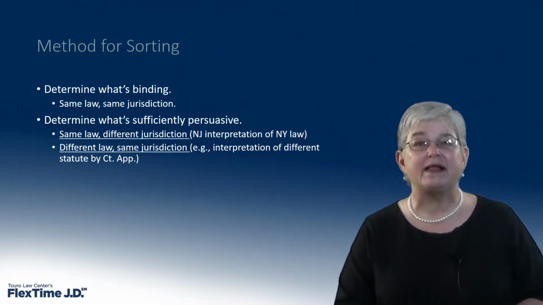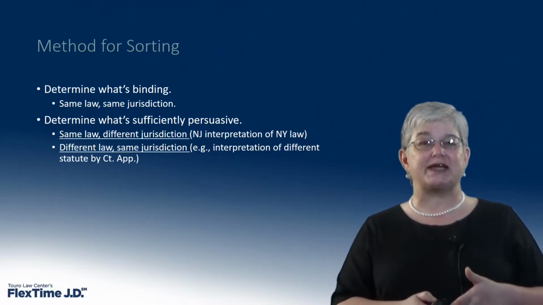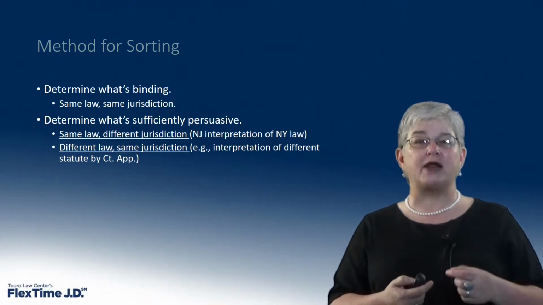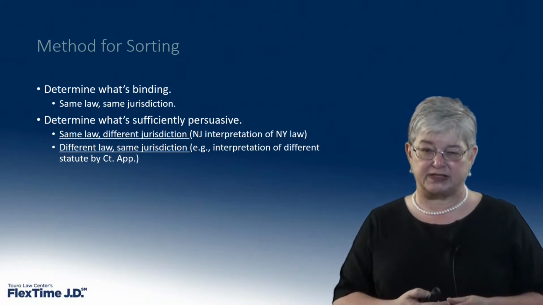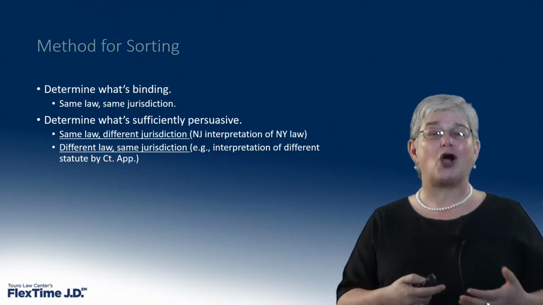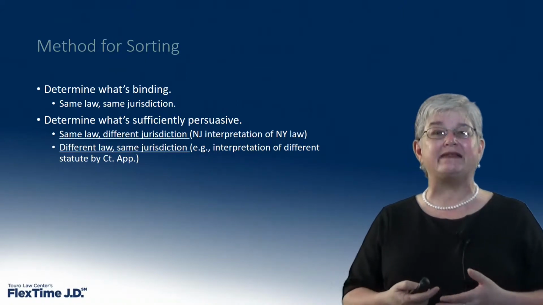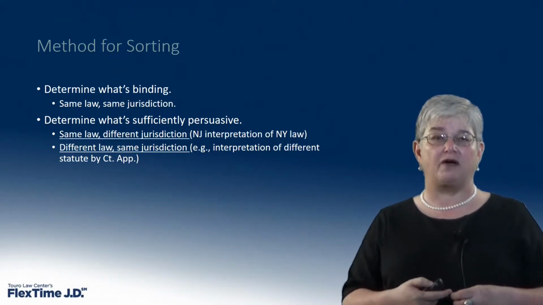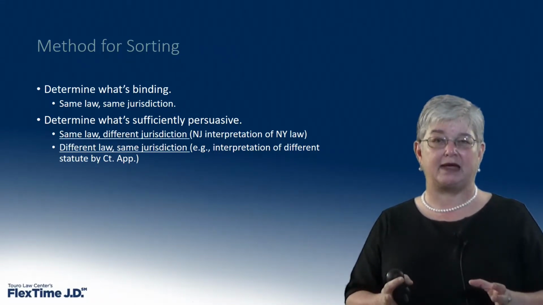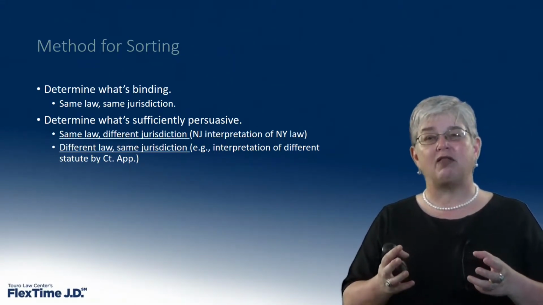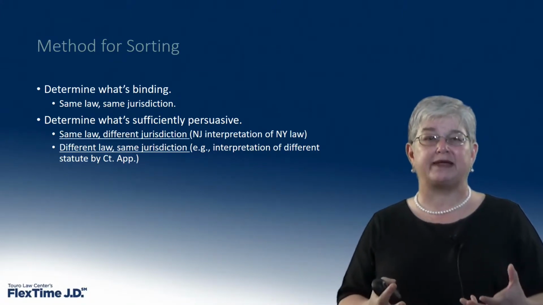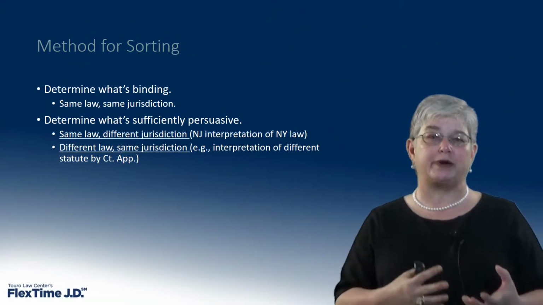So for example, let's say you have an interpretation of a different statute by the Court of Appeals, but on a similar issue. So let's say, for example, arson and burglary are similar crimes in that they both involve some sort of entry or destruction to a building. And so the courts will talk a lot about the characteristics of a building that make a crime burglary or arson.